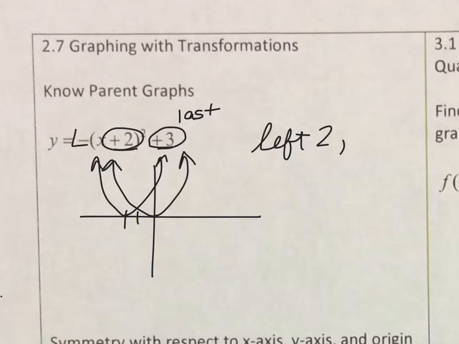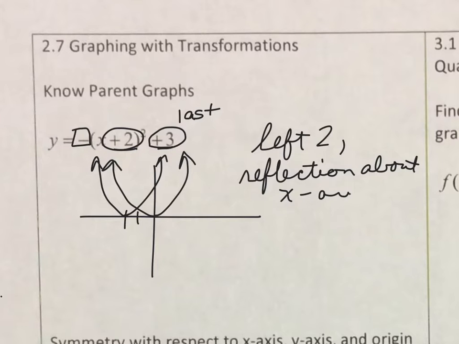So if I go left 2, that's going to put me over here. Then if I consider this negative out in front of the whole thing, that's a reflection about the x-axis. Remember, if the negative's on the x itself, it's a reflection in the y-axis, but that's not what we have here. So that's going to put me here now with squigglies.